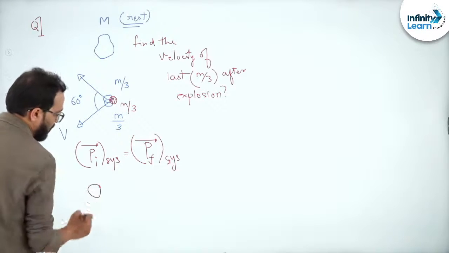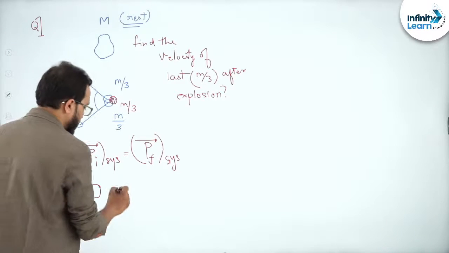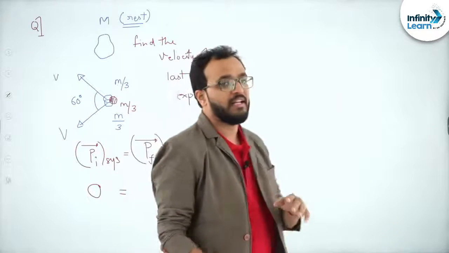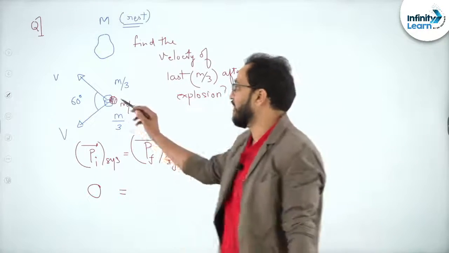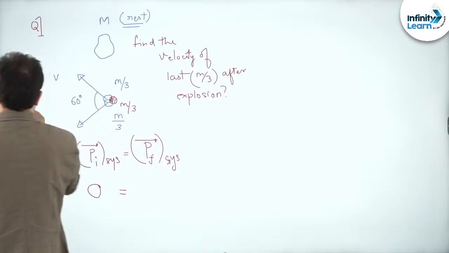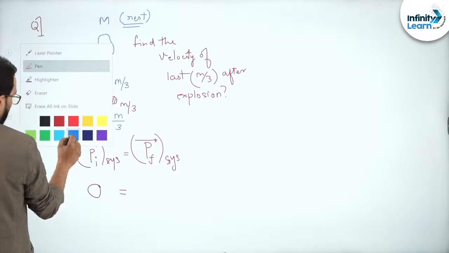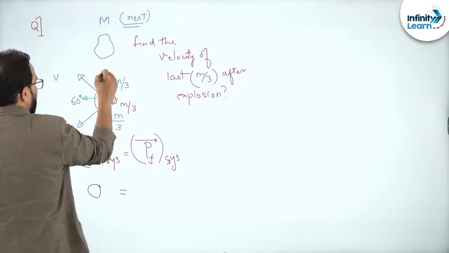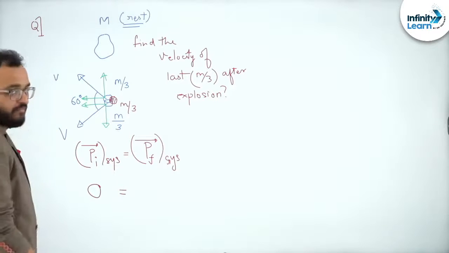You will say, sir, it is 0, right? Now what is final momentum of the system? Tell me, how will you write it? Now the particles are moving in 2-dimensional space, so you will break these velocities into 2 components, one component will be this, another will be this, another will be this, another will be this, right?